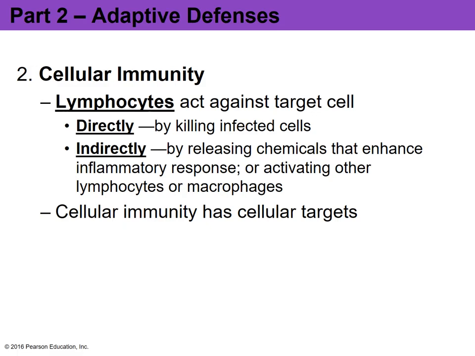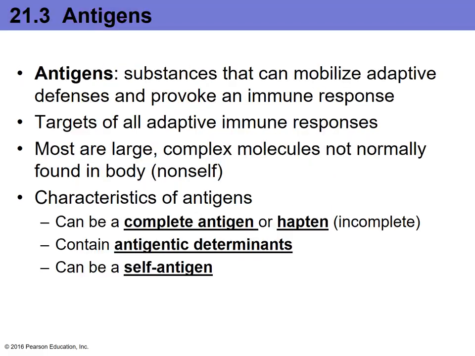In this case, the lymphocytes act against those target cells. They can either directly kill infected cells, or indirectly they can release chemicals that enhance your inflammatory response and activate other cells. Cellular immunity has cellular targets.